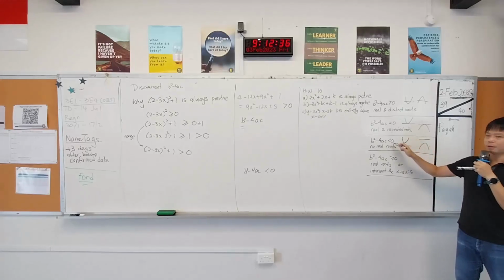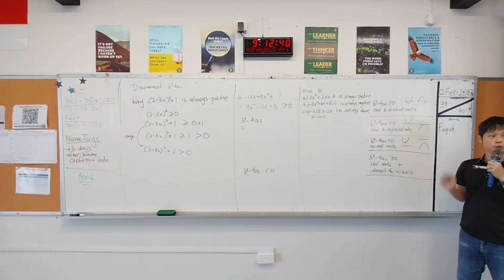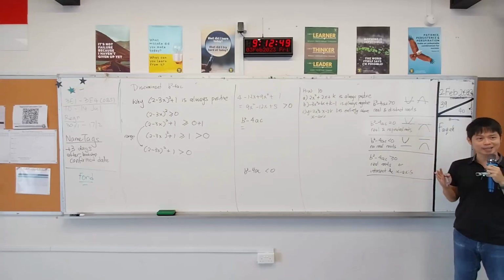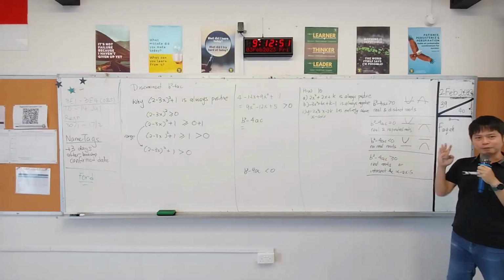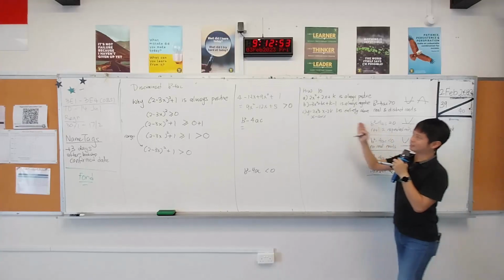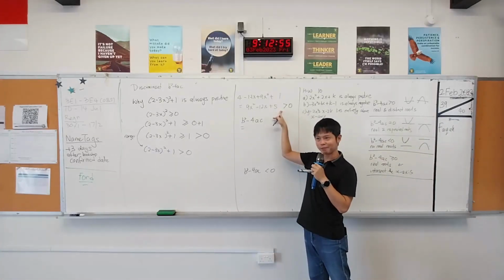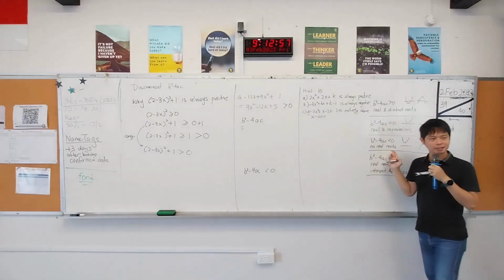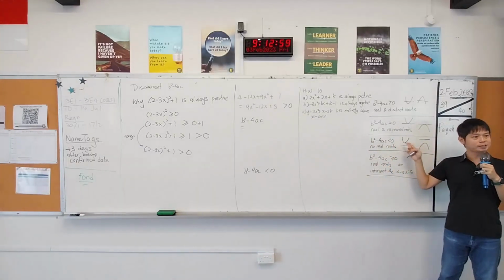So from there, we infer backwards that the discriminant must be less than 0. When I talk about the discriminant, I don't use positive or negative. I always say greater than 0, less than 0, or equal to 0, so that you are not confused. It's a very confusing thing, because up here I look at positive, but down here I have to look at the discriminant: b squared minus 4ac is less than 0.